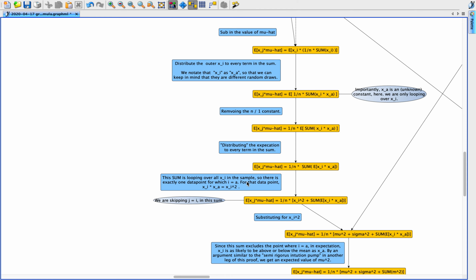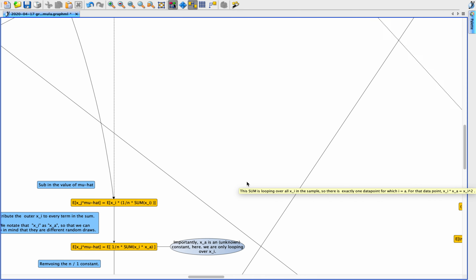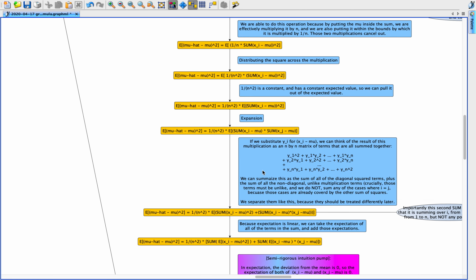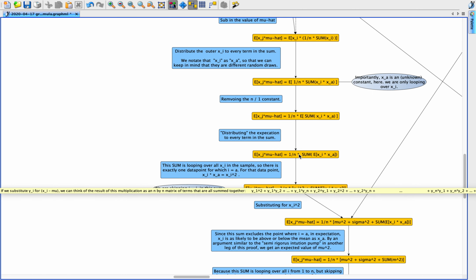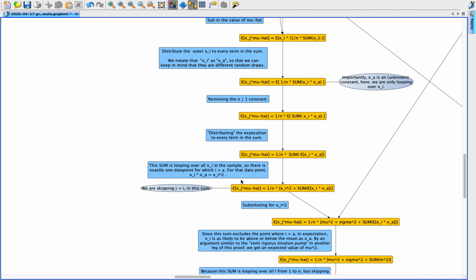So this is similar to the thing that we saw over here, except now we don't have a matrix, we just have a single row. This sum, we're just looping over i. We're not looping over i and j. Right? a is a constant. So the sum is looping over xi in the sample.